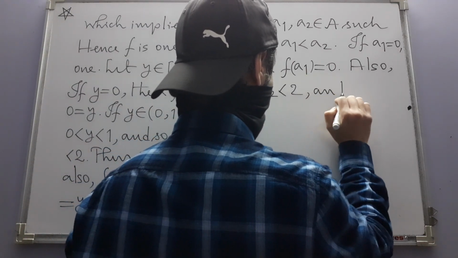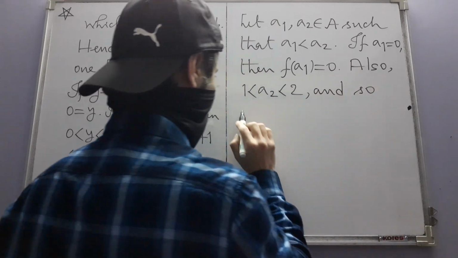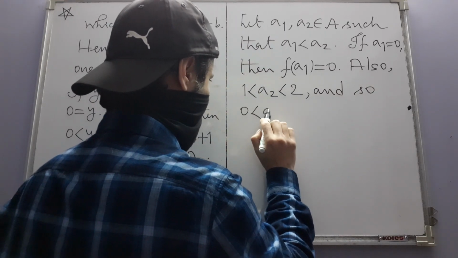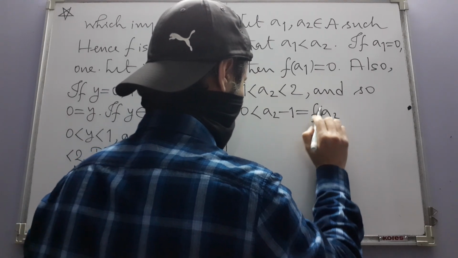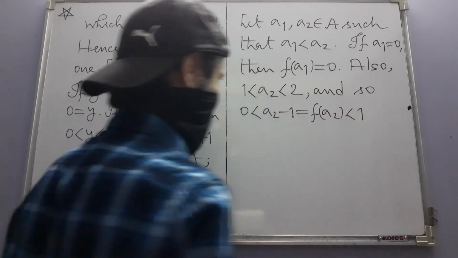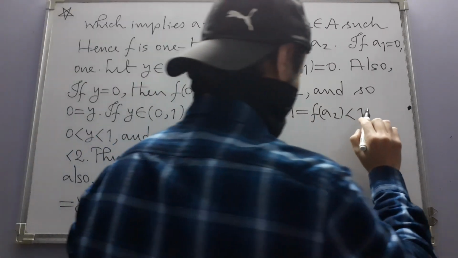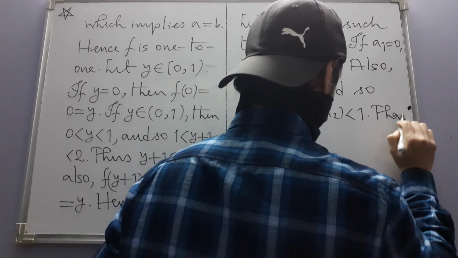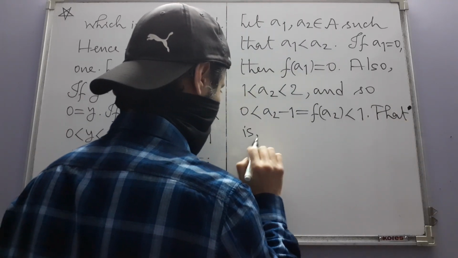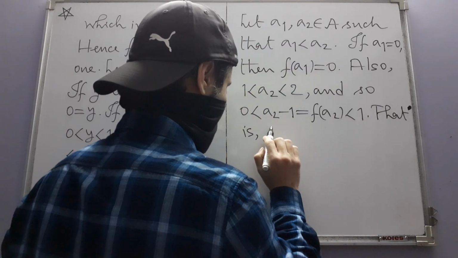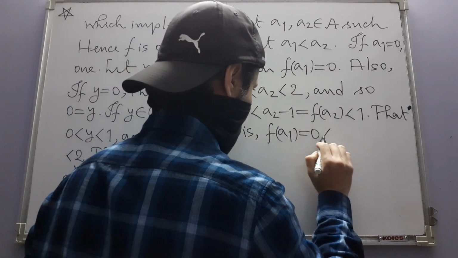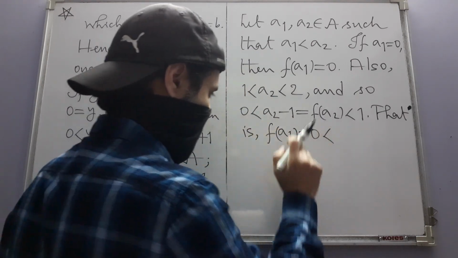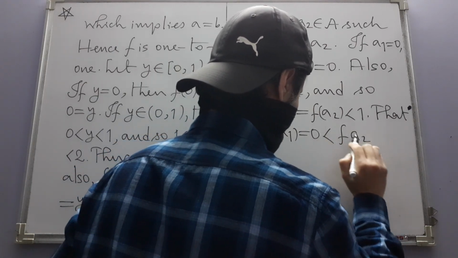And so, subtracting 1 throughout, you get this. That is, f of A1, which is 0, is less than f of A2.